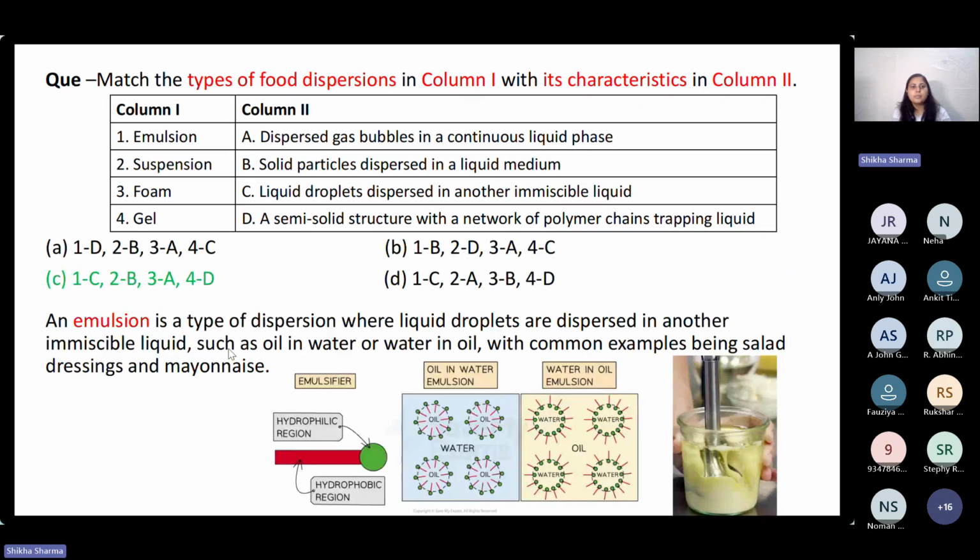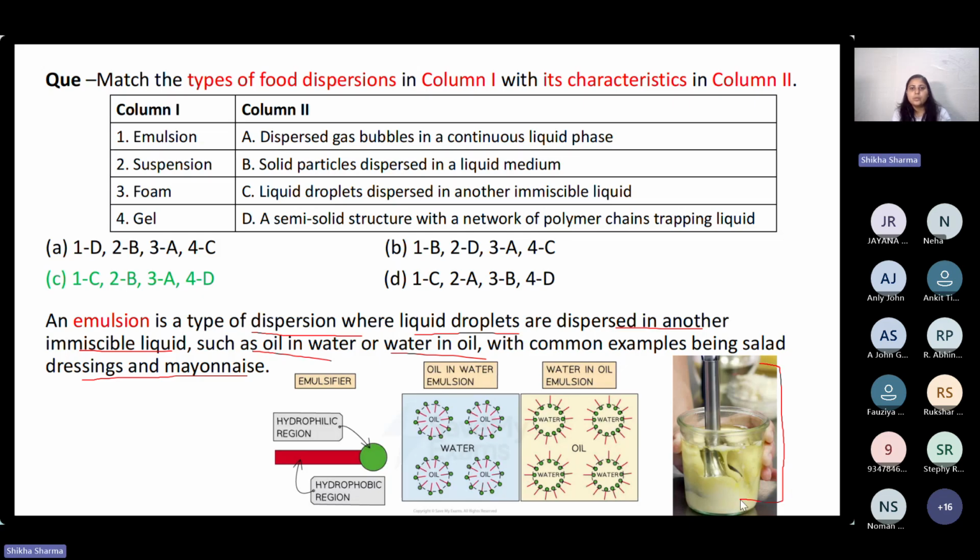Basically, an emulsion is a type of dispersion where liquid droplets are dispersed in another immiscible liquid, such as oil in water or water in oil. Examples are mayonnaise or salad dressing.